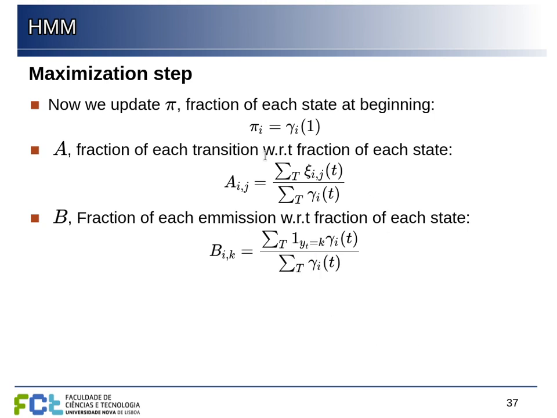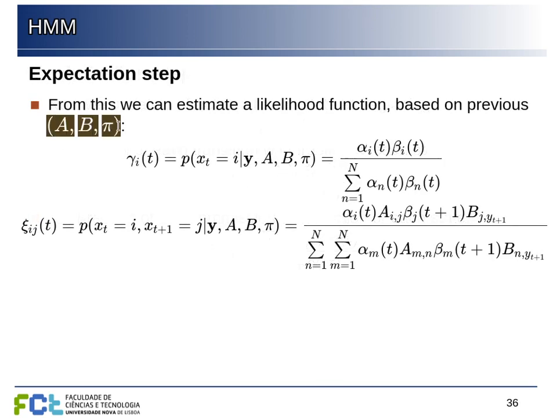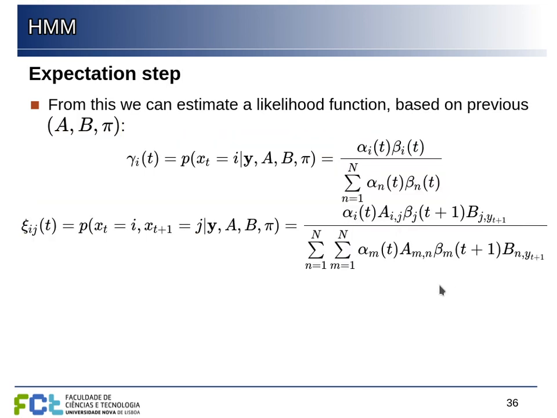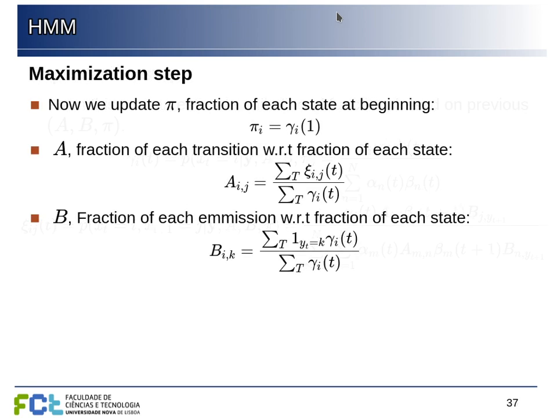So in short, what we have here is we are going to use a previous estimate of the parameters to create these expressions that give us the probabilities as a function of the parameters, and now we are going to use that to optimize the values of the parameters by maximizing those probabilities.